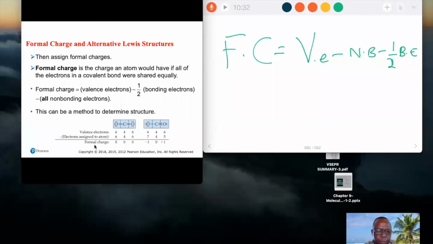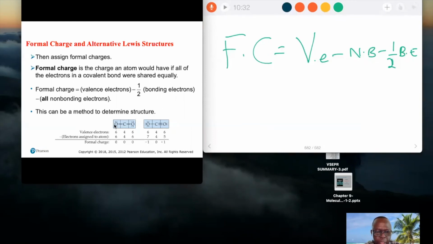But if you look at the formal charges here, the higher the numbers on the formal charge, the less acceptable that structure is. In this case, for carbon dioxide, this is the most plausible structure. And the zeros you see here were obtained from this equation.